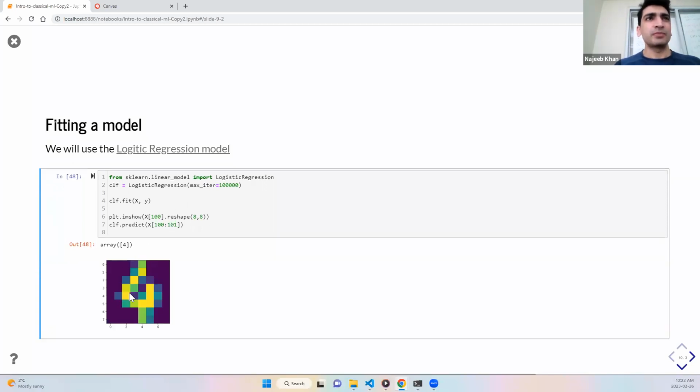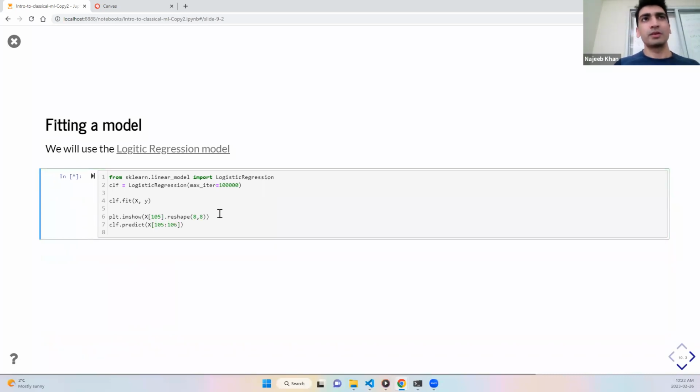And then here, the 100th input example is this image, and the model classified it as a 4. So let's do the 105th example as the input. Well, I shouldn't be training it again and again.